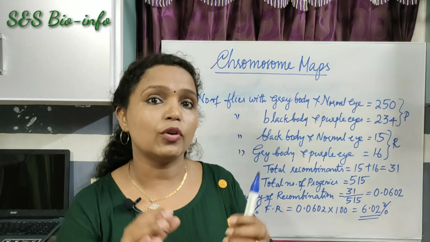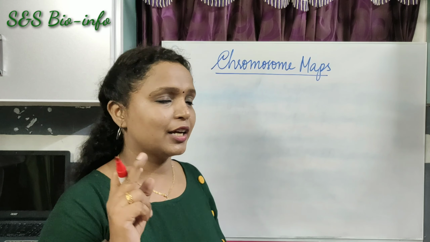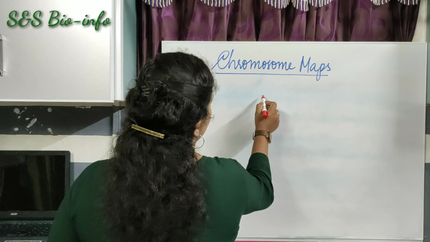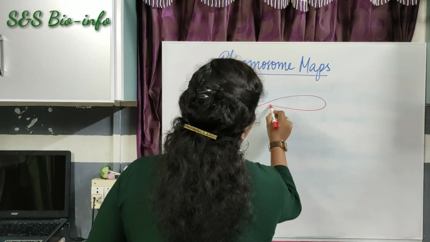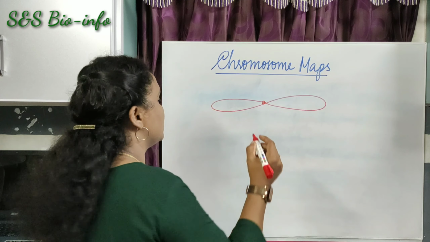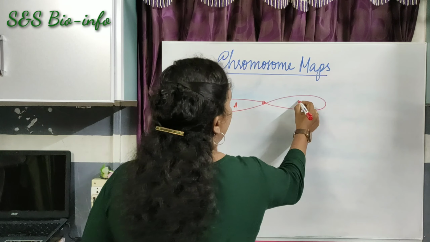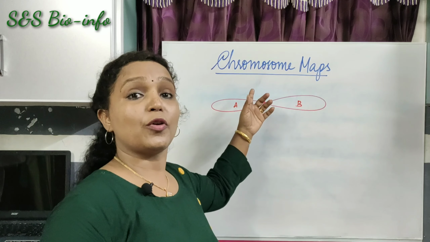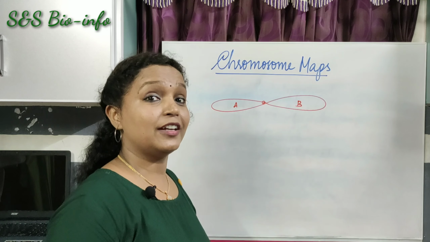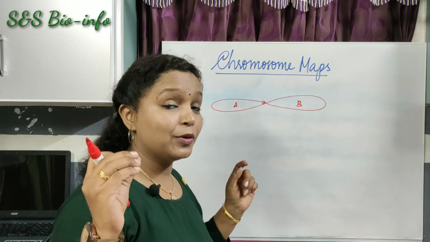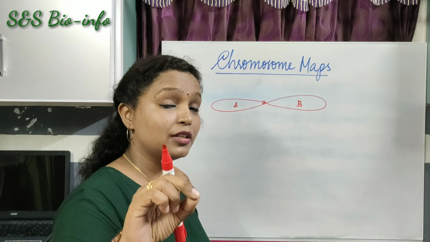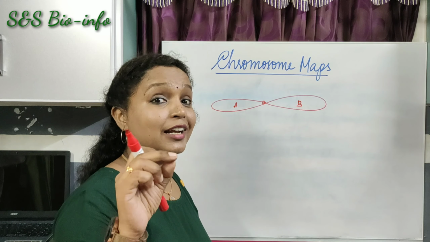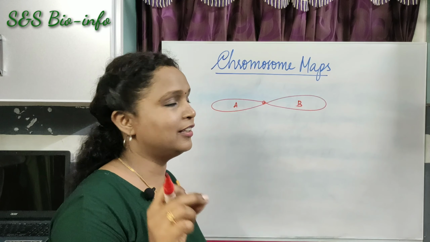Now let's understand how chromosome mapping is done with the help of a simple example. For this we need to consider a chromosome with genes. Suppose this is a chromosome with two genes A and B. So what is the chromosome map? It's a graphical representation of the position of genes on the chromosome and the relative distances between them.